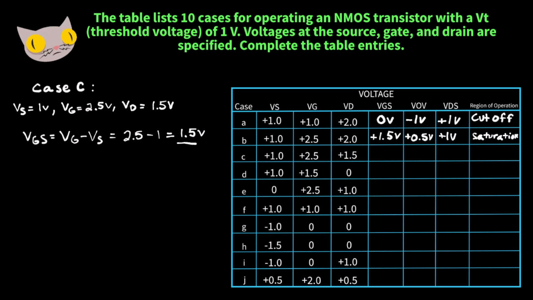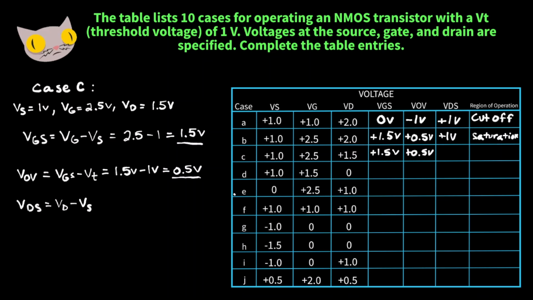That's greater than our threshold voltage, so we're not in the cutoff region. Now for the overdrive voltage, VGS minus VT. So we have 1.5 volts minus 1 volt, giving us 0.5 volts.